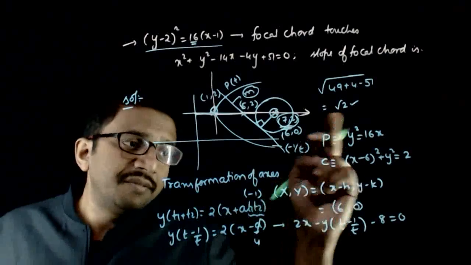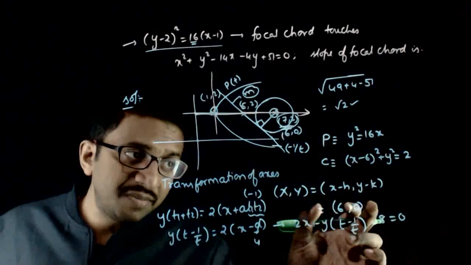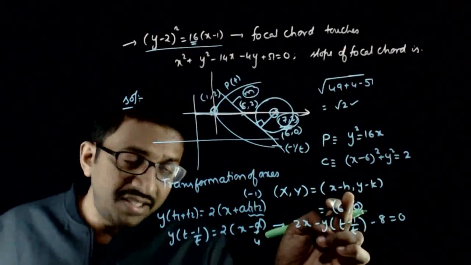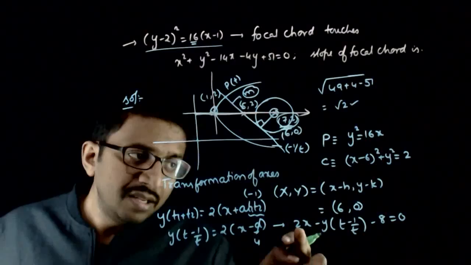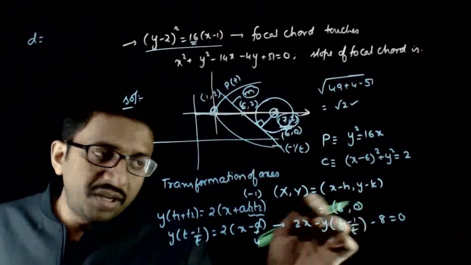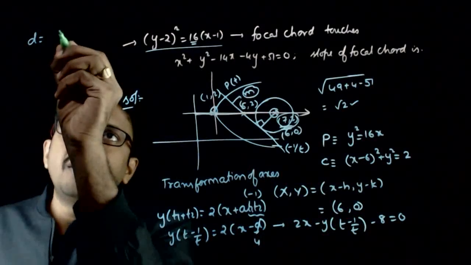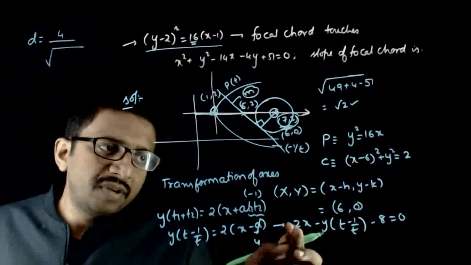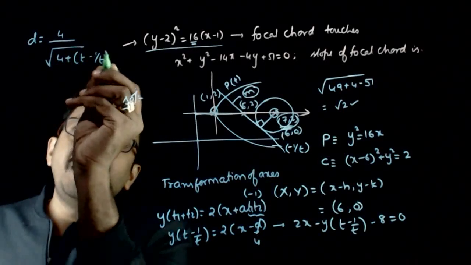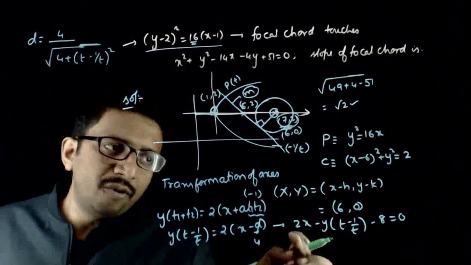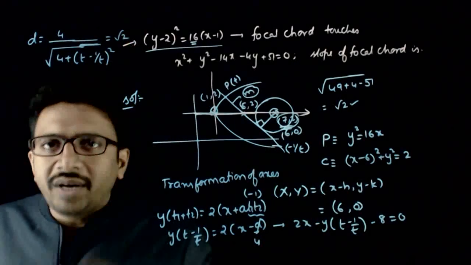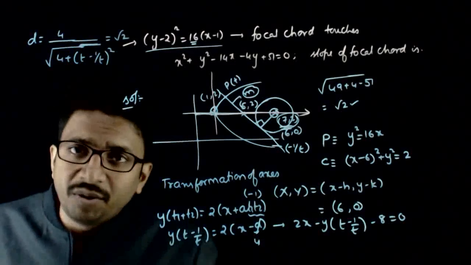Now if I apply this condition, I substitute (6, 0) into this line. 12 − 8 gives 4, so the distance is 4 divided by the square root of 4 + (t − 1/t)², and this has to be equal to root 2.